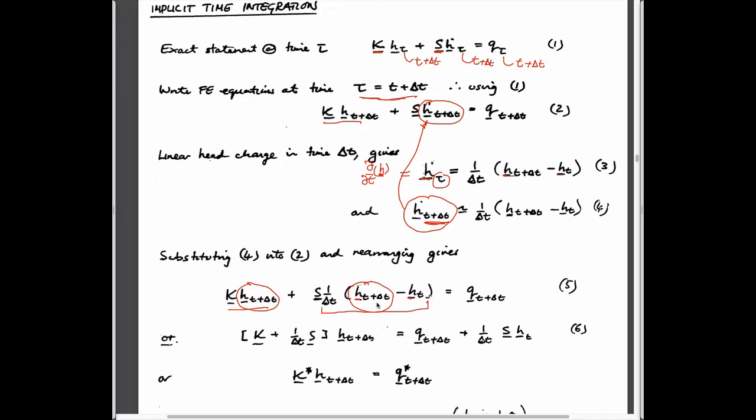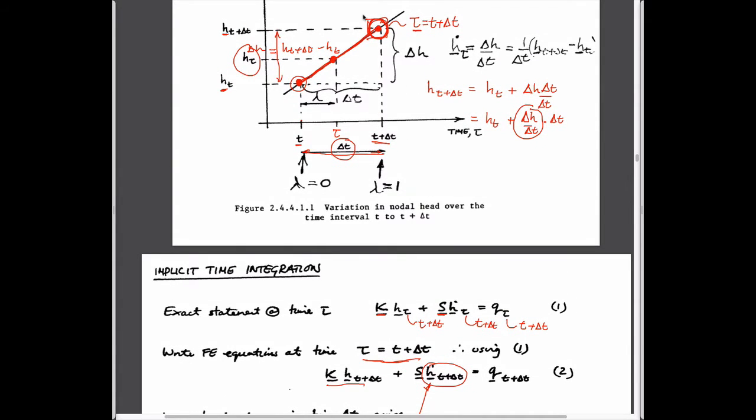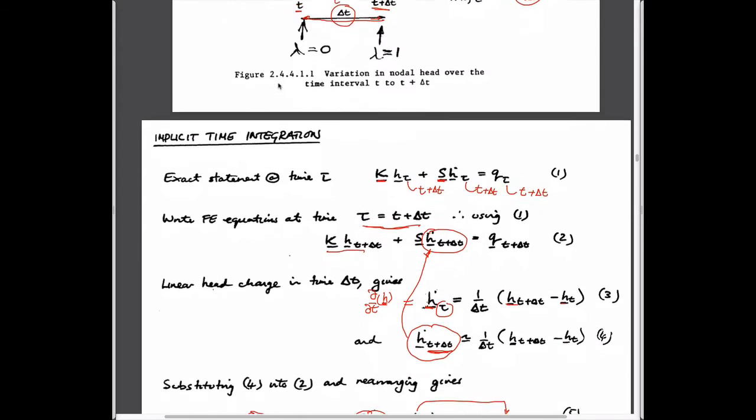In other words, we can combine these two terms together, and then take this term onto the right-hand side. We'll keep all the terms that involve the future time on the left-hand side. We'll take all the terms that involve the previous time, which we should know because we're standing in the future, and move that to the right-hand side.